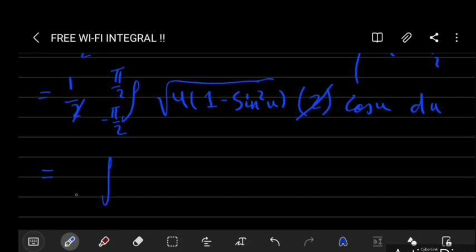It will be negative pi over 2 to pi over 2, and the square root of 4 is 2, and we all know that the square root of 1 minus sine squared of u is equal to cosine u, and we have cosine u here, so it will be 2 cosine squared of u du.